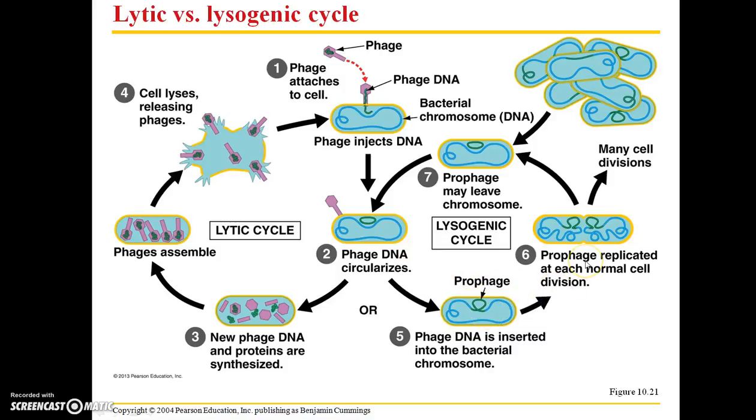Then the prophage is replicated at each normal cell division. So it basically disguises itself as part of the normal genome within that bacterial cell. So cell divisions occur, and it's incorporated within that bacterial cell's genome. So that is the alternate cycle called the lysogenic cycle.